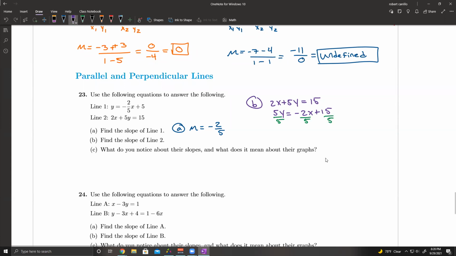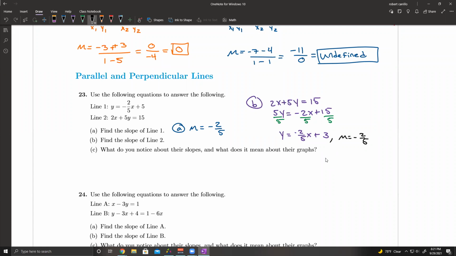Okay, and you'll get y equals negative 2/5 x plus 3. So what is the slope from this equation? Negative 2/5. Okay, so in A, the slope is negative 2/5. In B, the slope is negative 2/5.